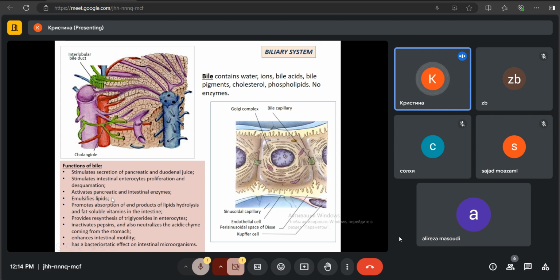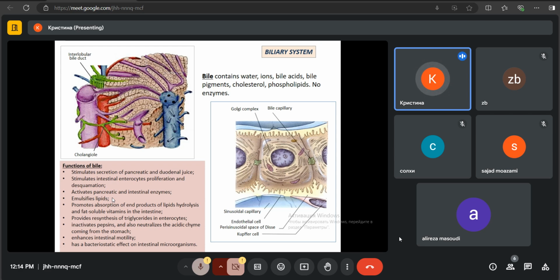As I said previously, it helps digestion of lipids. It helps the emulsification process of lipids. Emulsification means the physical and mechanical break of larger droplets of lipids into smaller ones, because the enzymes, lipases, which come from the pancreas, should then attach to these droplets of lipids from the outside and start to break down these molecules.